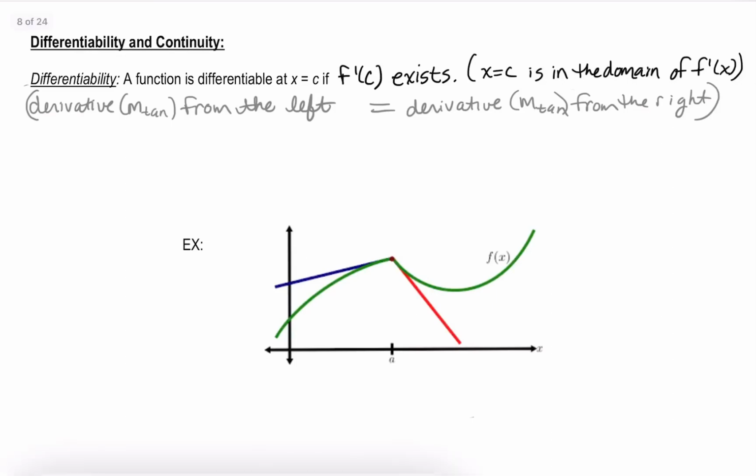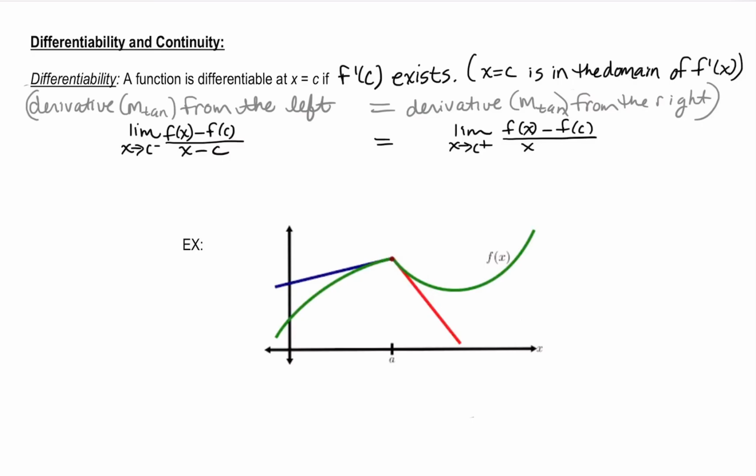A little more formally, let's write this out with our limit definition from 2.1. What we need is the limit as x approaches c from the left of f of x minus f of c over x minus c to equal the limit as x approaches c from the right of f of x minus f of c over x minus c.